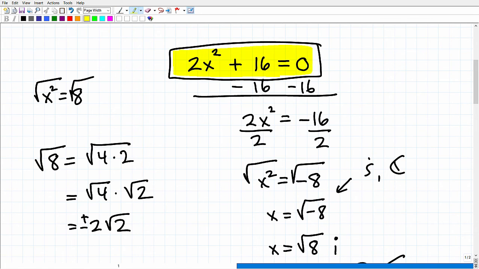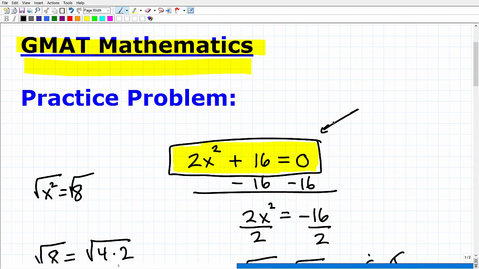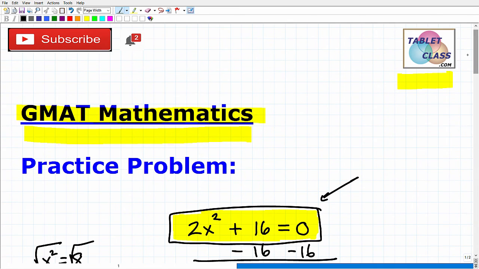I would say this is kind of middle of the road in terms of difficulty, especially for the GMAT. This is stuff you would be learning as a junior in high school, something like Algebra 2, college algebra. So you've definitely had this math before, but maybe it's been some years.